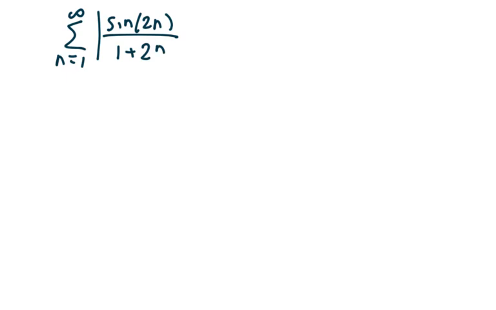Now, what does that say about the summation from n equals 1 to infinity of the absolute value of sine of 2n divided by 1 plus 2 to the n?